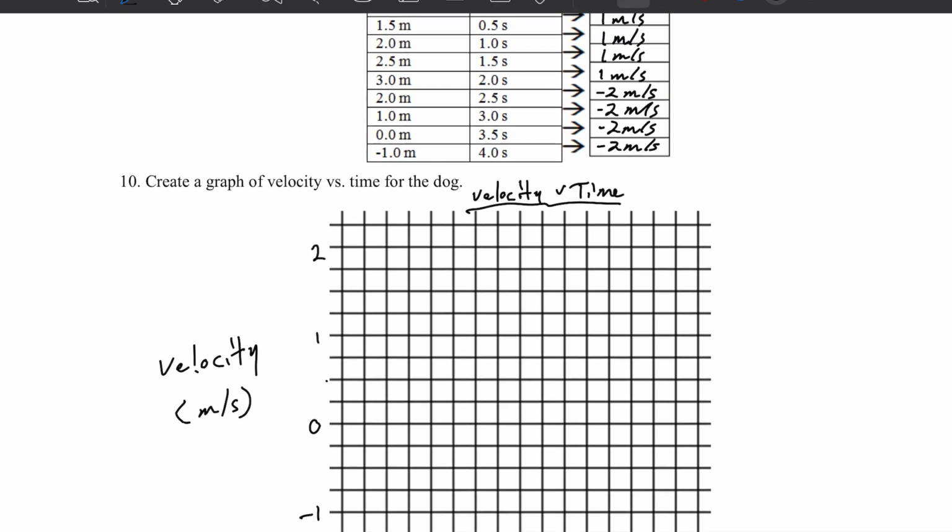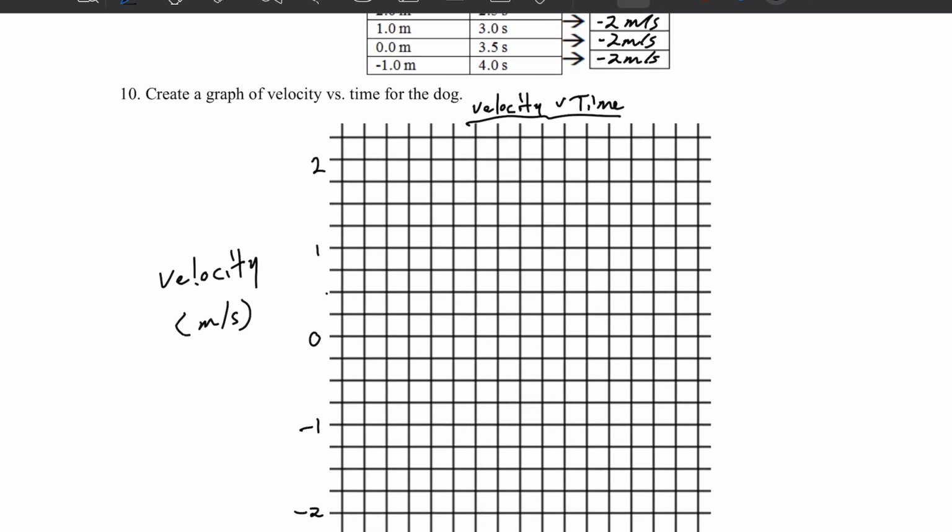Well, we can look at the table or we could look at the graph. If you look at the graph, for the first 2 seconds, we need a graphed value of +1. If we look from time point 2 seconds to time point 4 seconds, we need to look at the graphed value and see that the graphed value is -2. So we're just going to drop this line down to -2 and then go across to a 4-second time point.